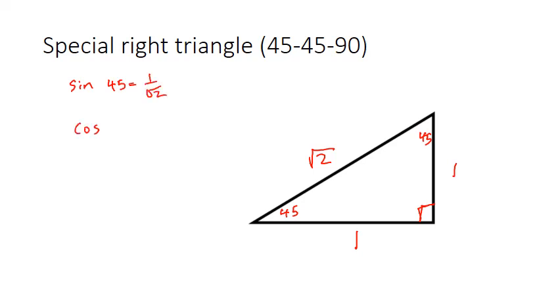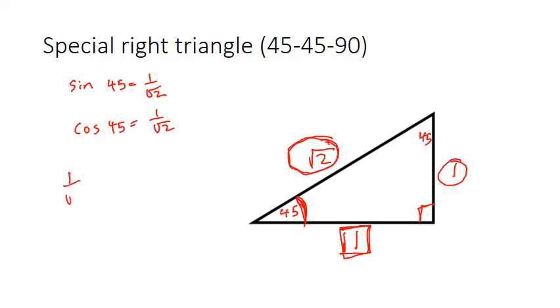And the cosine of 45 is 1 over radical 2 as well. So remember, sine is opposite over hypotenuse, and cosine is adjacent. Remember, we're using this for our reference angle. So it'll be adjacent over hypotenuse.